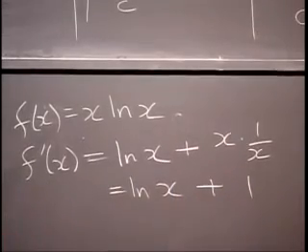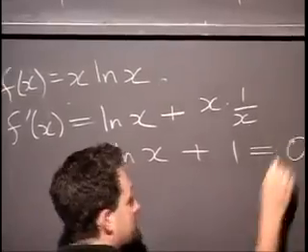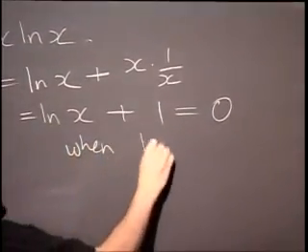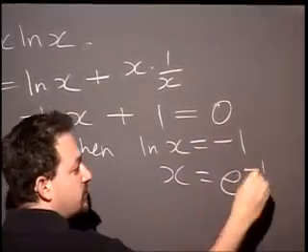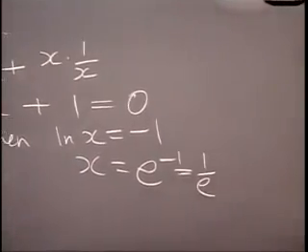Now, if we want to know where the critical points are, let's set this equal to 0. And this is true when log x equals negative 1, or x equals e to the minus 1, otherwise known as 1 over e. So there's a critical point at 1 over e.